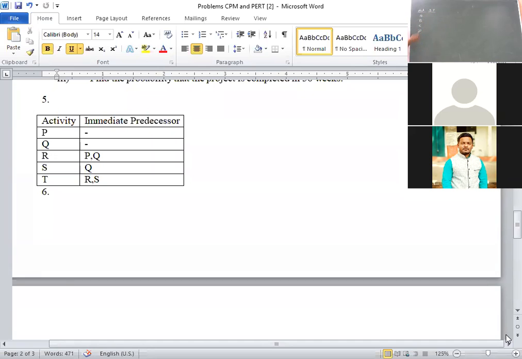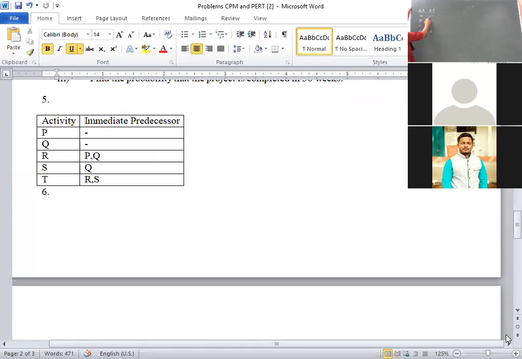A doesn't have any immediate predecessor. B also doesn't have any immediate predecessor. C is having A. D is having AB. Then, if this is the way, then how to draw the network diagram?